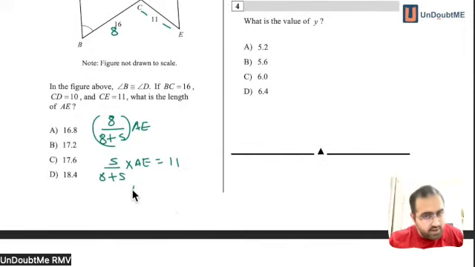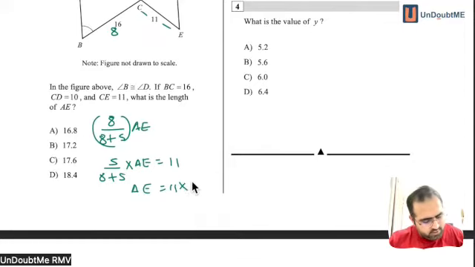So from here we can get the value of AE as 11 times 13 by 5. How much are you getting? I got 17.6. 143. What's wrong in this calculation? You get 28.6 from this.